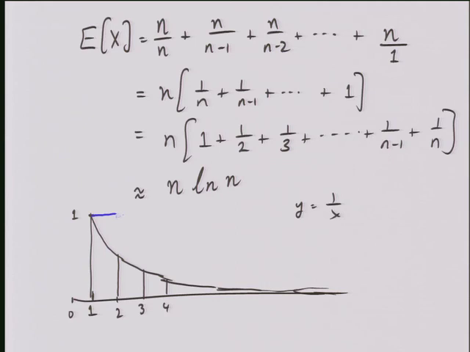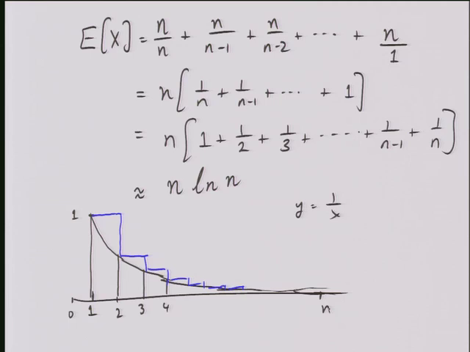That's the area that we want to estimate. That's this summation all the way out to n. What we can do is integrate 1 over x, and that will give us the area under this black curve, which is pretty close. It misses only a small amount, which is this constant that I told you about.